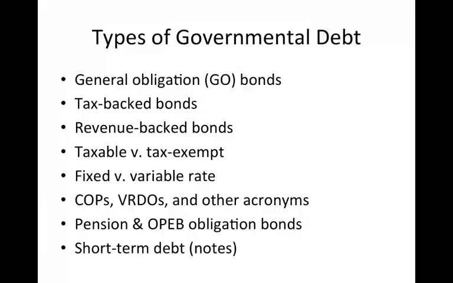A government will even out or smooth out its cash flows by issuing short-term debt, often referred to as notes, and they use those proceeds in the near term, and then when the revenues or resources they're expecting come in, they use those to repay the notes.